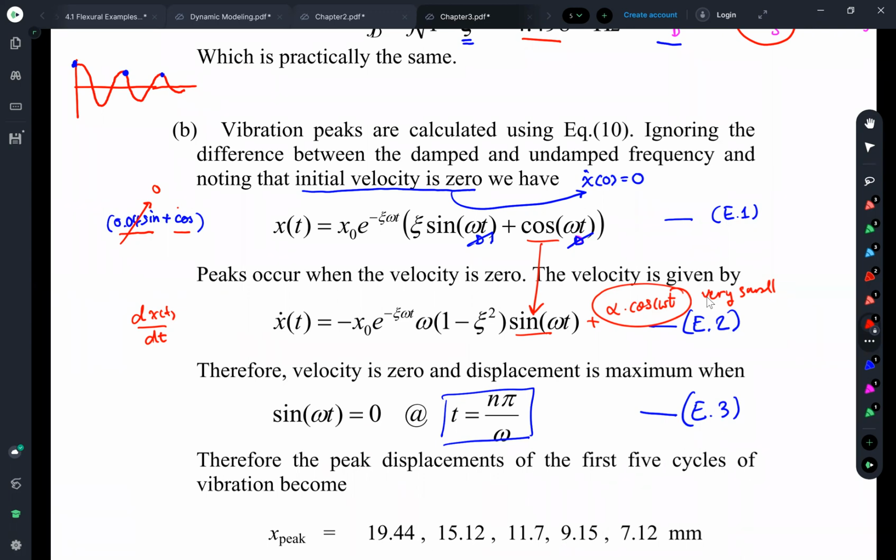Or you remove the first term here from the very beginning because you found this term will be very small compared with this cosine term, the pink term. The red term is smaller than the pink term, just 4%. So we can assume it's 0, something like this.